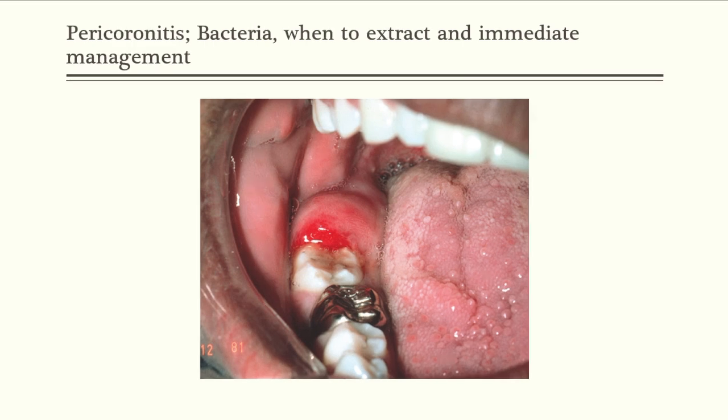Regarding pericoronitis, the bacteria causing it are Fusobacterium, Actinomyces species, and Prevotella species. So, anaerobic bacteria. As we said, the partially erupted wisdom tooth has a soft tissue operculum surrounding it.